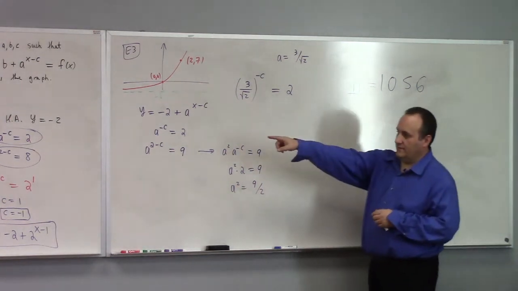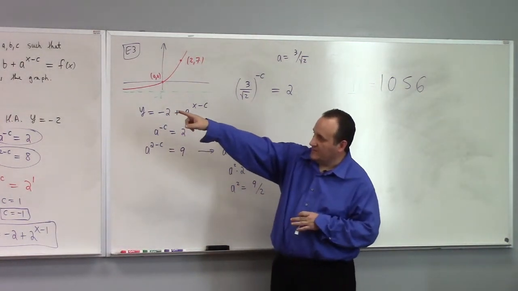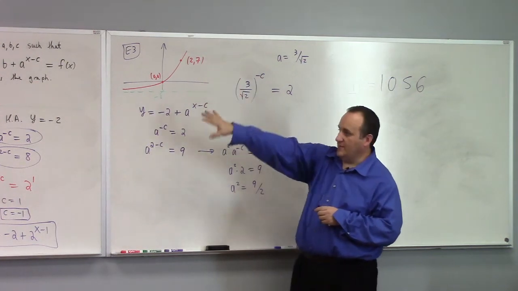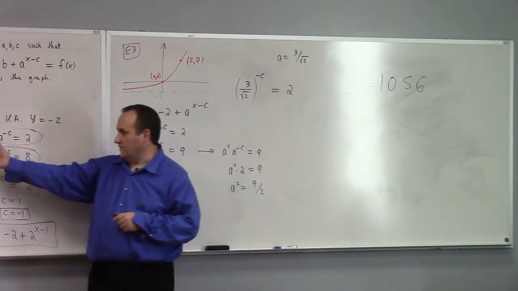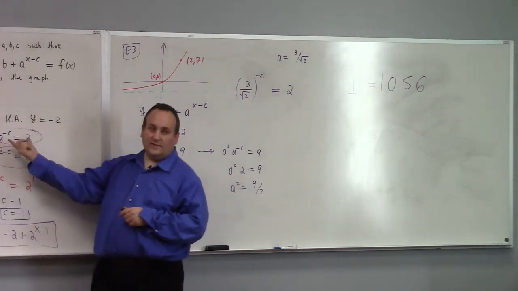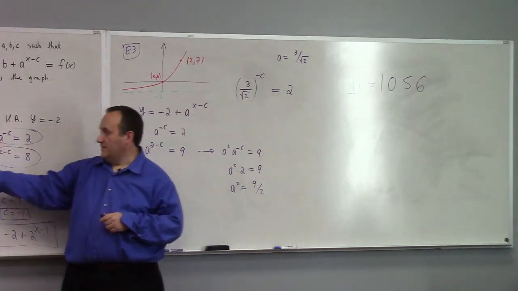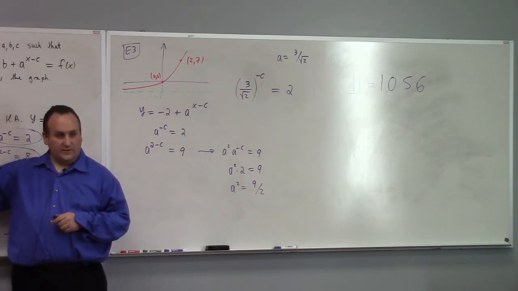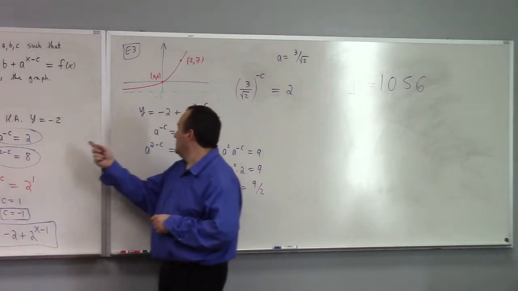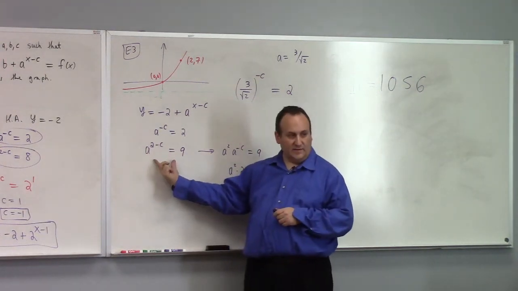All I did was I did everything over there, but instead of 2, 6, I did 2, 7. So same equations, I still get the 0, 0, so I still get a to the minus c equals 2. But now instead of having a 6 there, I have a 7, which means I add 2 to the other side. I get 9 equals a to the 2 minus c.